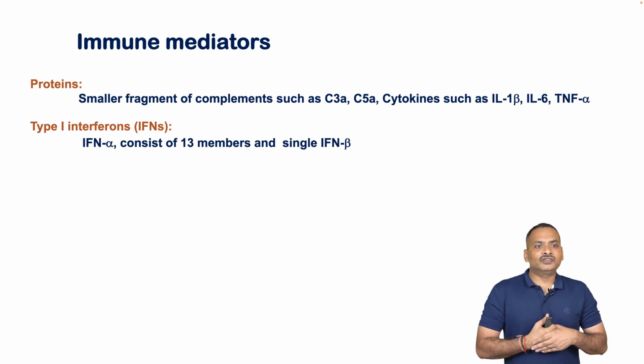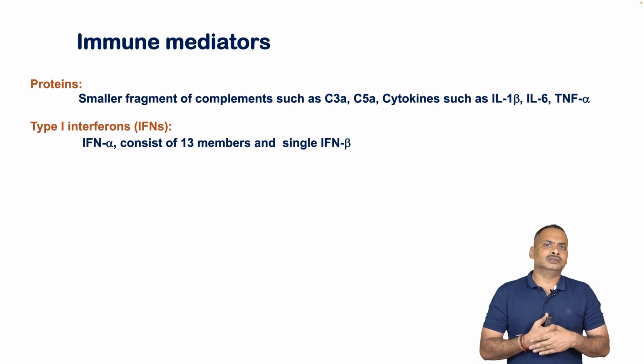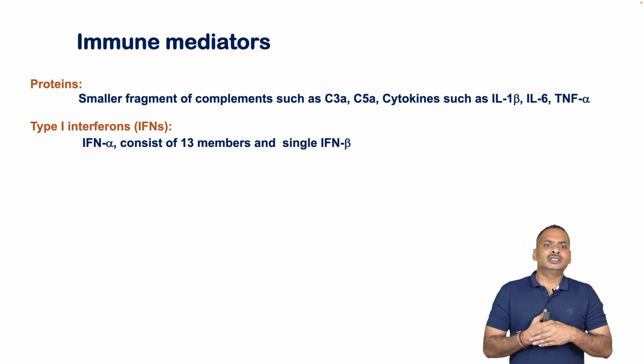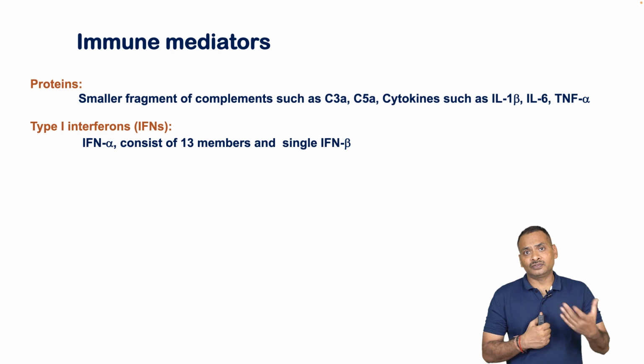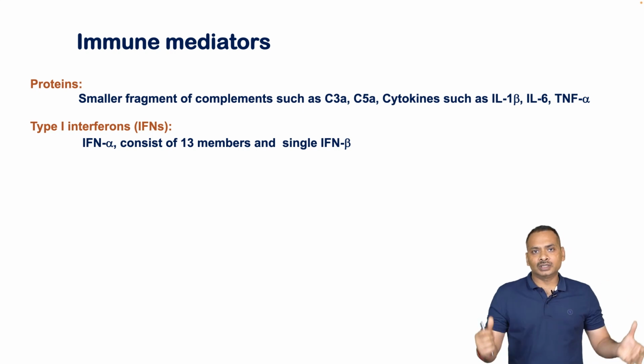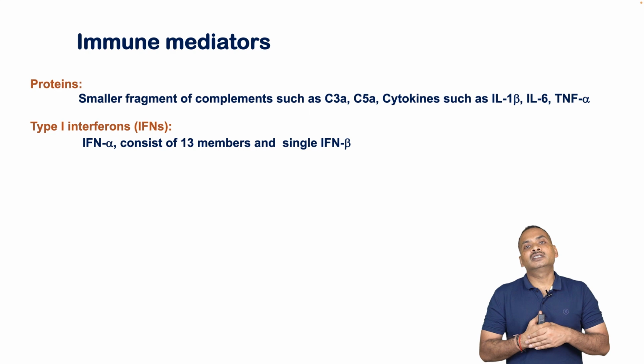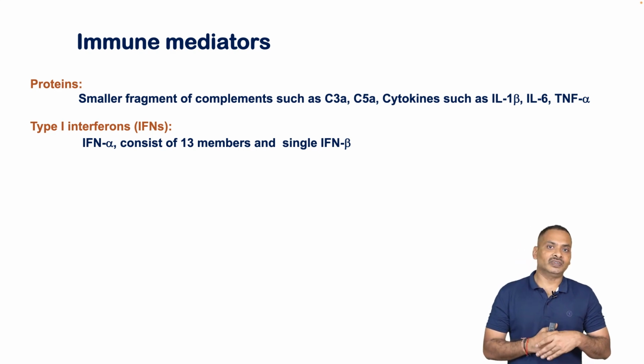There are type 1 interferons, which I have already explained in great length. Here I will add some more. There are 13 members of interferon alpha and 1 member of interferon beta, and all these molecules basically take care of virus infection. Okay.